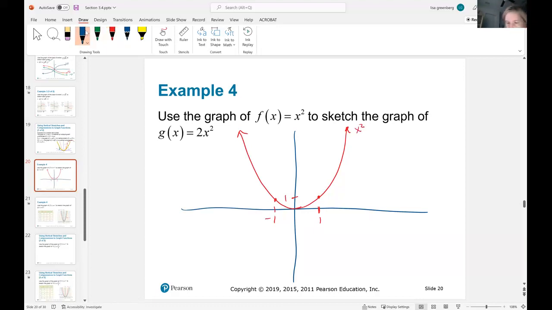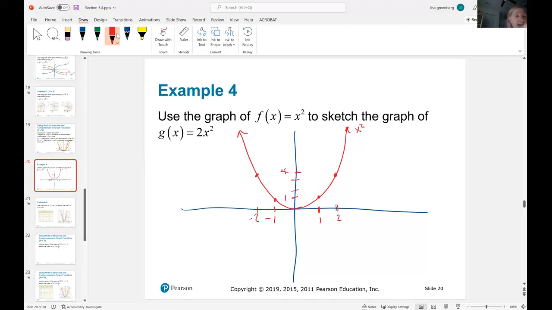And let's make a point here. We'll call it 2. And so this would be 4. So 2, 3, 4. And this is -2. So it would be here. Okay, so this would be my just x squared graph.